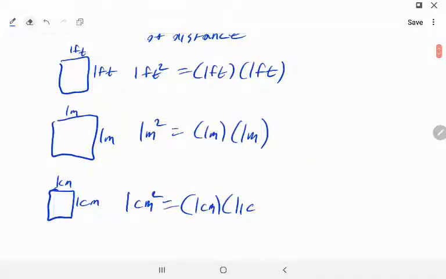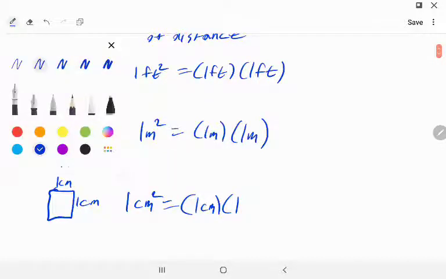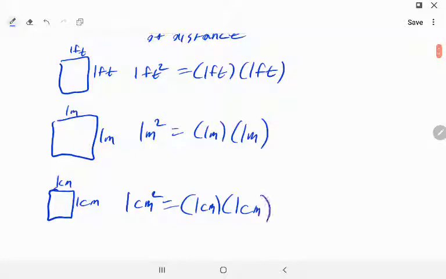So in general, if we think of the idea of a square unit, we're just thinking in terms of these unit squares.